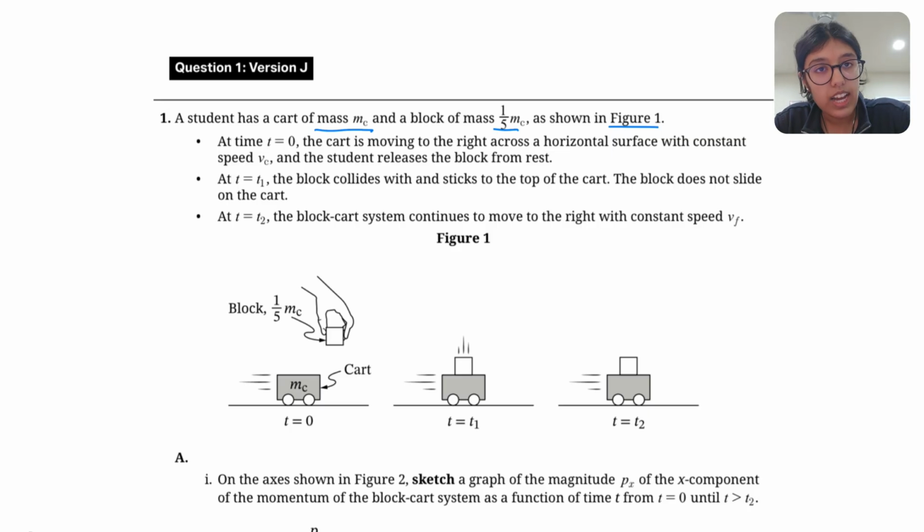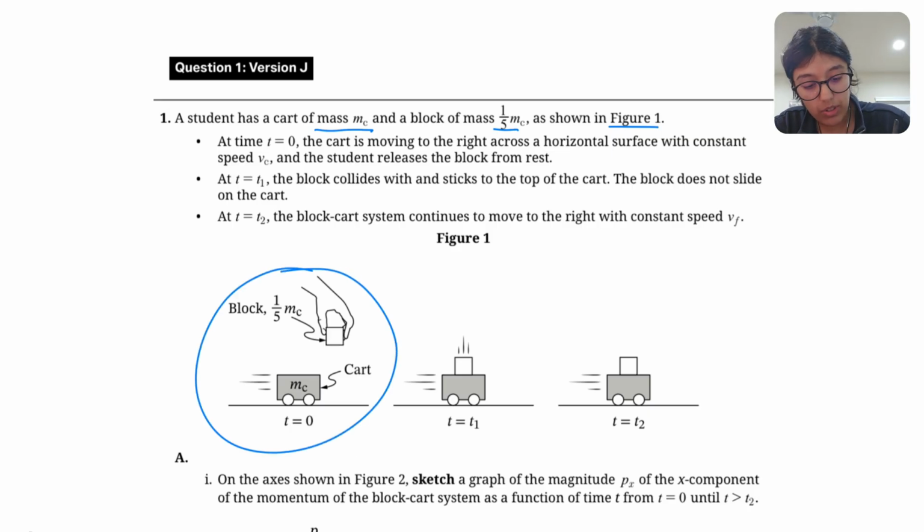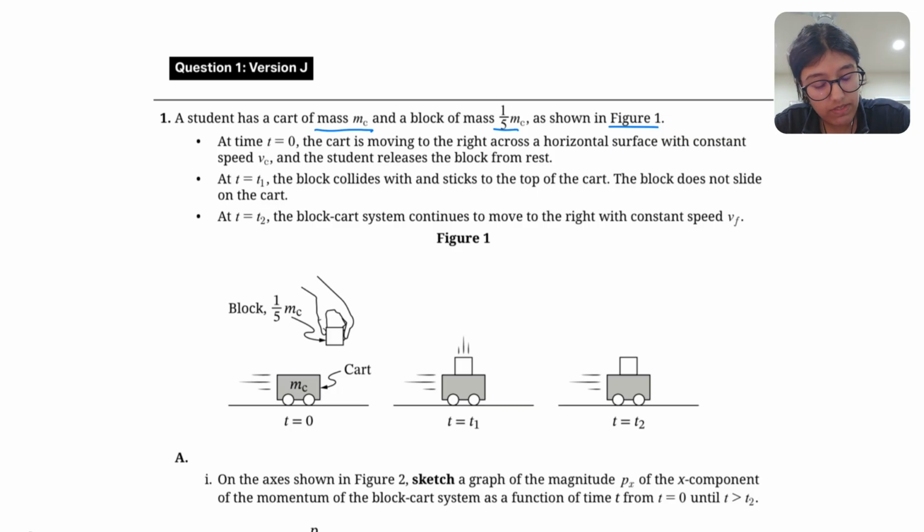So at time t equals 0, so I'm assuming we're looking at that part over here, the cart is moving to the right across a horizontal surface with constant speed. All right, constant speed. I know that basically just means acceleration is 0, and the student releases the block from rest. So they release it from rest, and it's going to the right at the speed vc, right over here.